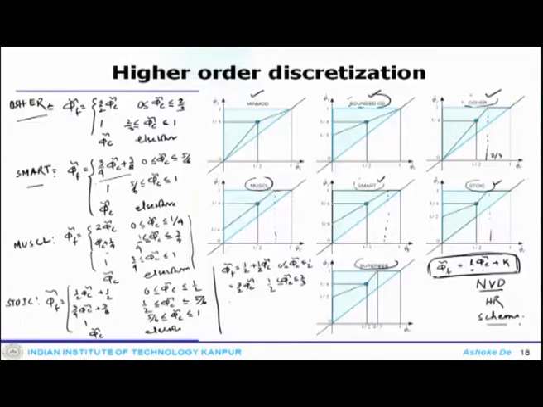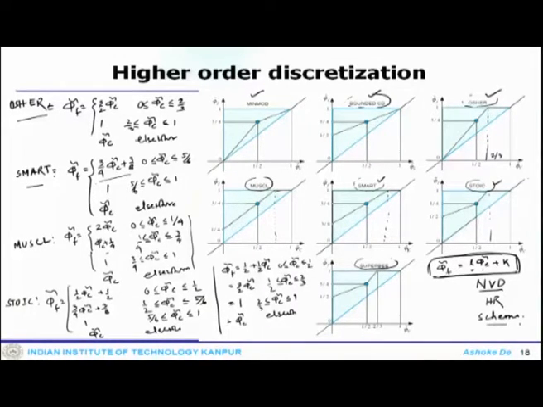So this follows that, then it is 1 when phi c tilde is between 2/3 and 1, and it is phi c elsewhere. It goes like that. So these are the different schemes which are represented with this kind of diagram.